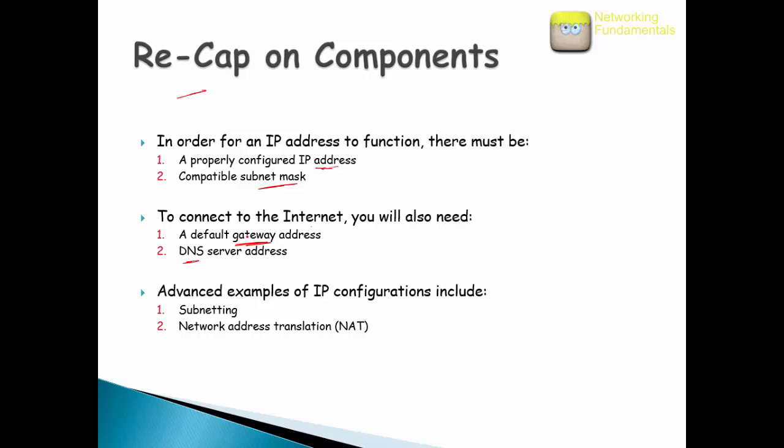Your default gateway has the intelligence to look for the different IP addresses within your LAN in order to route whichever way the packet is to be sent. Your DNS server maps names to an IP address. Advanced examples of IP configuration can include subnetting, and it can also include NAT.